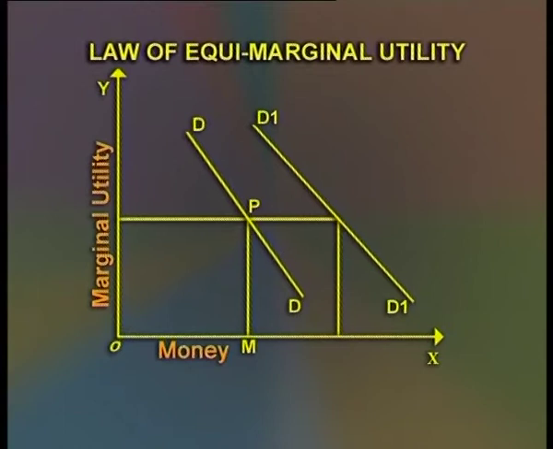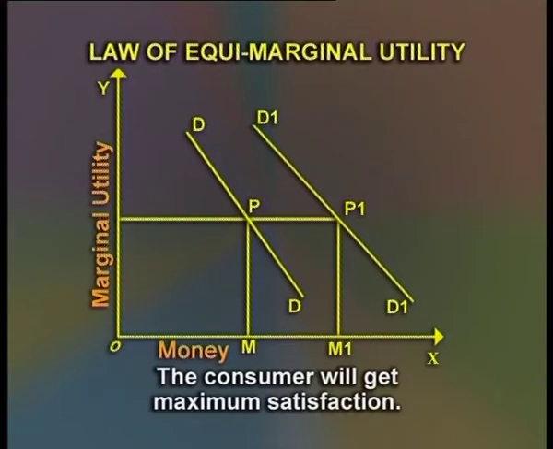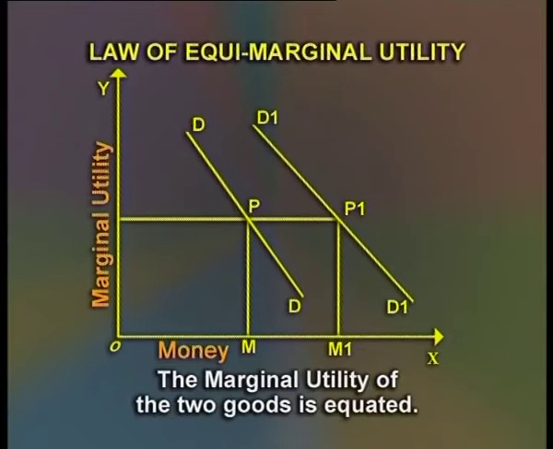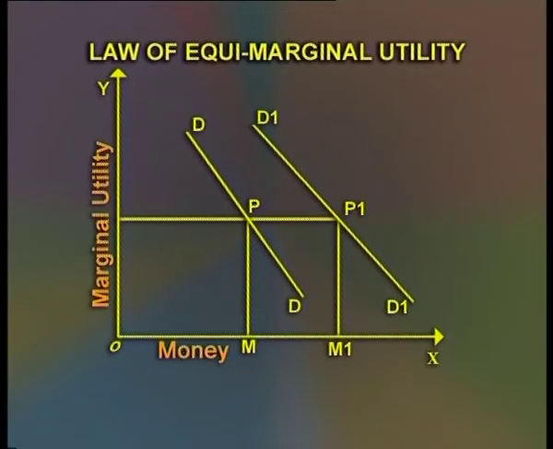If OM amount is spent on DD and OM1 amount is spent on D1 D1, we can see that the marginal utility is equated. In such a case, the consumer will get maximum satisfaction because the marginal utility of the two goods is equated. Any other distribution of money will not give him as much total satisfaction as this combination gives him.